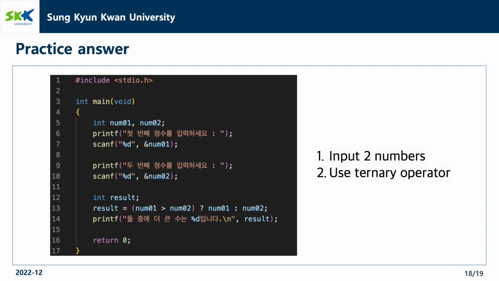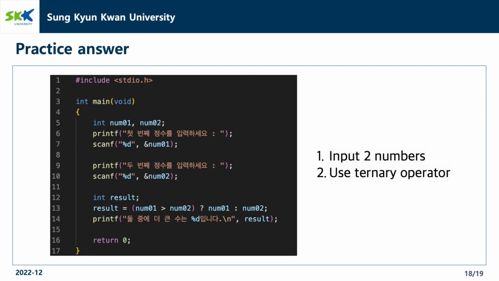After that, we will get the first input and store the value in variable num01 using the scanf function. Through the above process, we will also store the next input value in variable num02. Now the process of receiving 2 numbers is over.